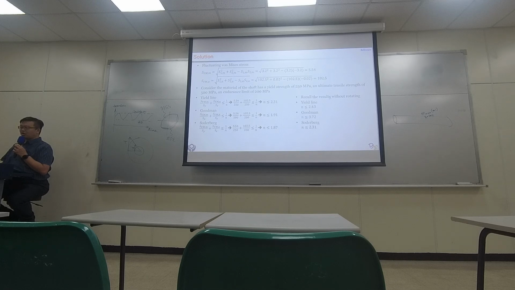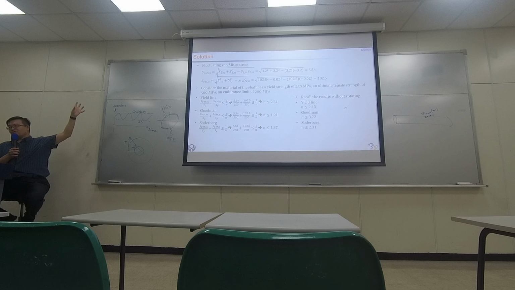Earlier, recall the problem without rotating. What happened was, in the first example, if the shaft was not rotating, the amplitude part was not that dramatic. But in this situation, when the shaft is rotating, the stress level inside the shaft constantly changes from tensile to compression and then back and forth.